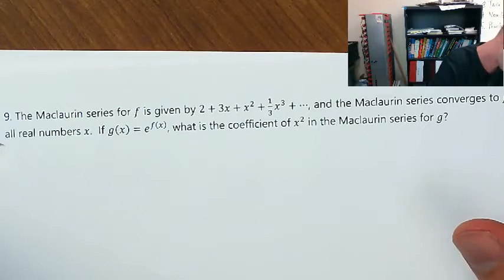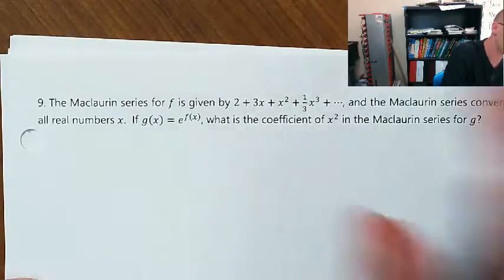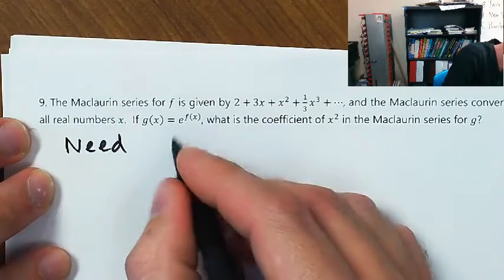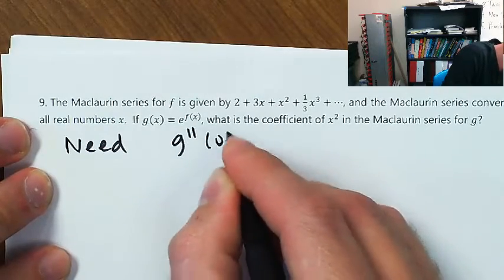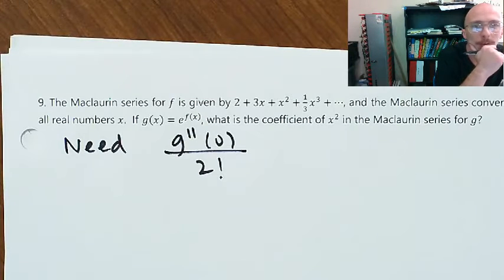So what I really need is, if I want the coefficient of x squared in the Maclaurin series for g, I know that it's going to look like g double prime of 0 divided by 2 factorial, right? And so rather than putting the polynomial inside the other polynomial, which is not going to be the thing to do in this class ever, I'm going to find g double prime using the chain rule, and I guess the product rule.